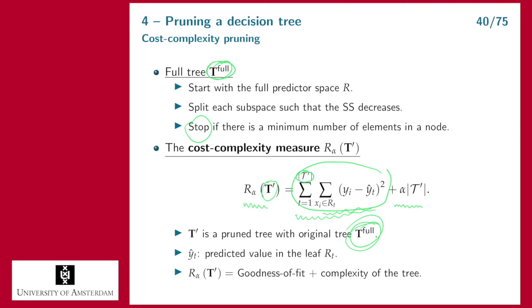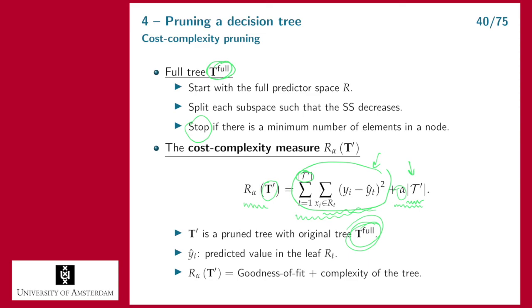So for a large tree, we have a higher complexity, so that term should be larger. So that term is alpha times the number of leaves in my tree. So if we have a large tree, then you have a small goodness of fit, so a small sum of squares, but a large number for the complexity.